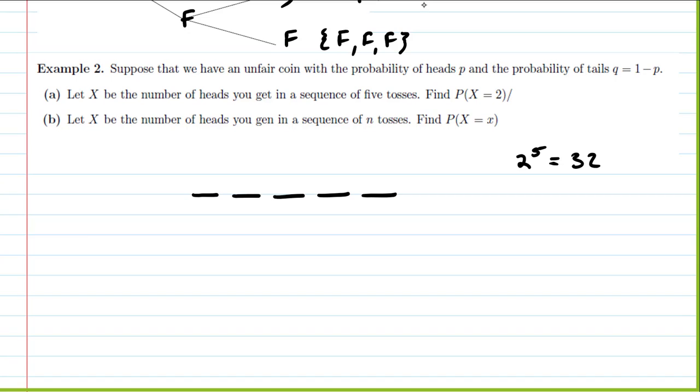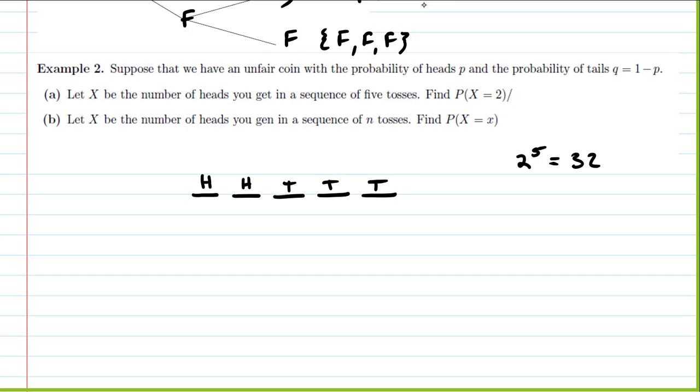We're specifically interested in what subset of these events? Well, heads, particularly how many heads? So we let X be the number of heads you get in a sequence of 5 tosses. We want to find the probability that X is 2. So one possibility would be heads, heads, tails, tails, tails, right?